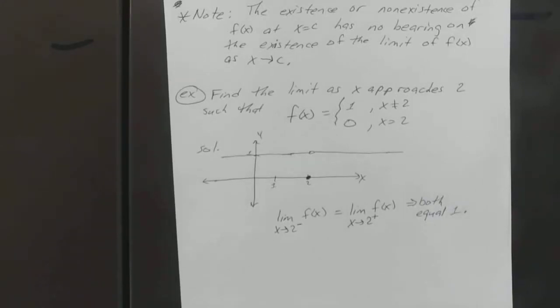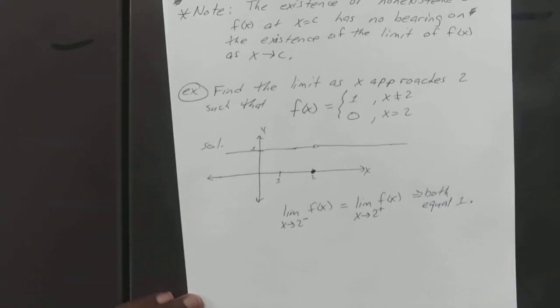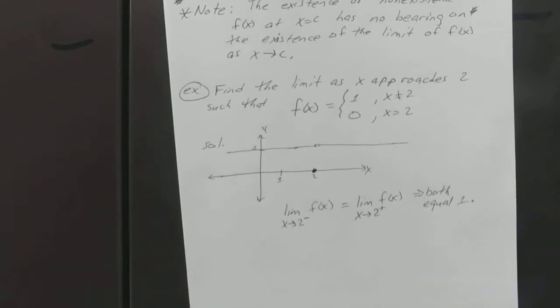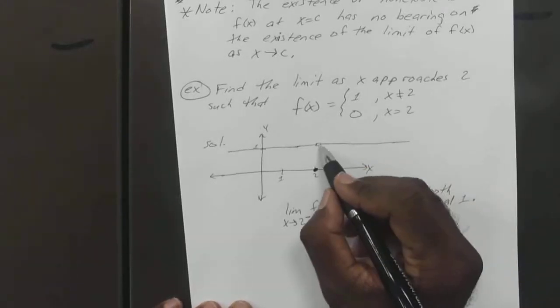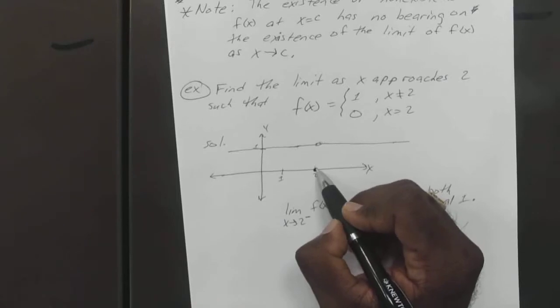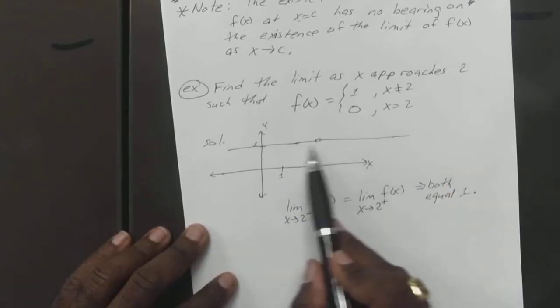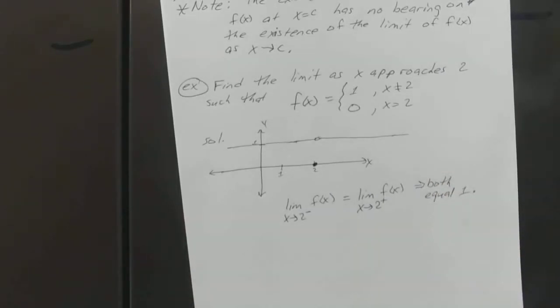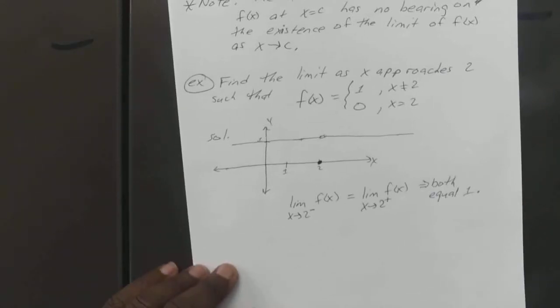So you can have a limit exist and still not be the exact same as if you just plugged it in. Even though the limit exists, it doesn't mean that it's always going to be at that point. The 2 does exist. It just doesn't exist on that particular limit. Does that make sense?